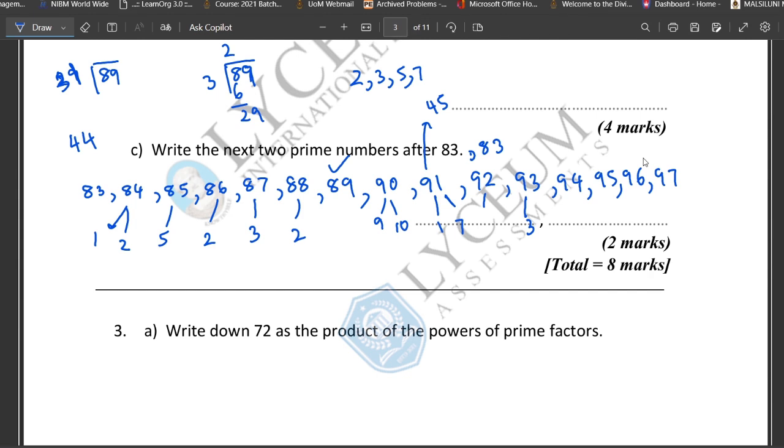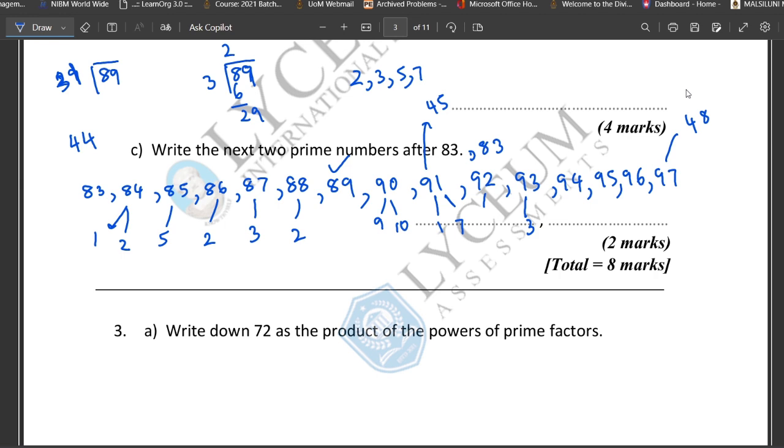Then let's check 97. We have to check till 47. If we take 47, 94, 45 is 90, 48. If we check till 48, it will be okay. 2 is not a factor. 3 is not a factor. 4 is not a factor. 5 is not a factor. 6.